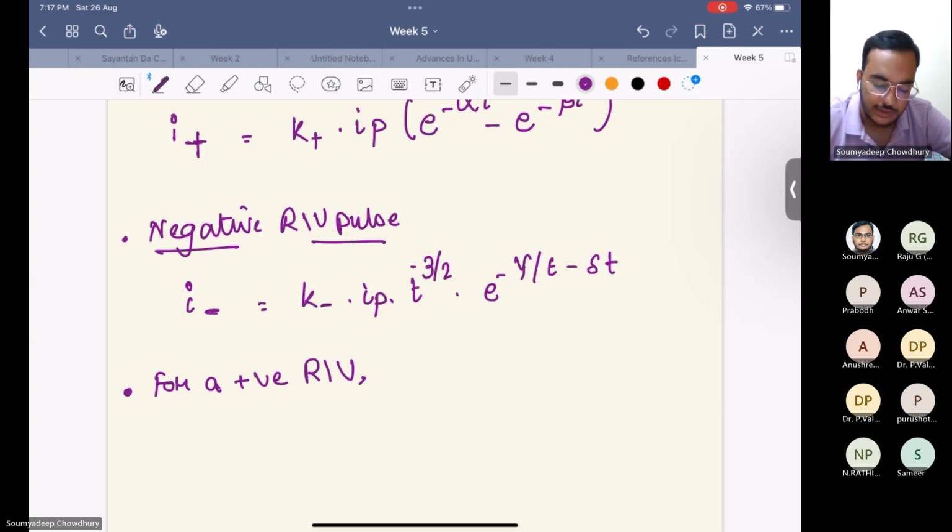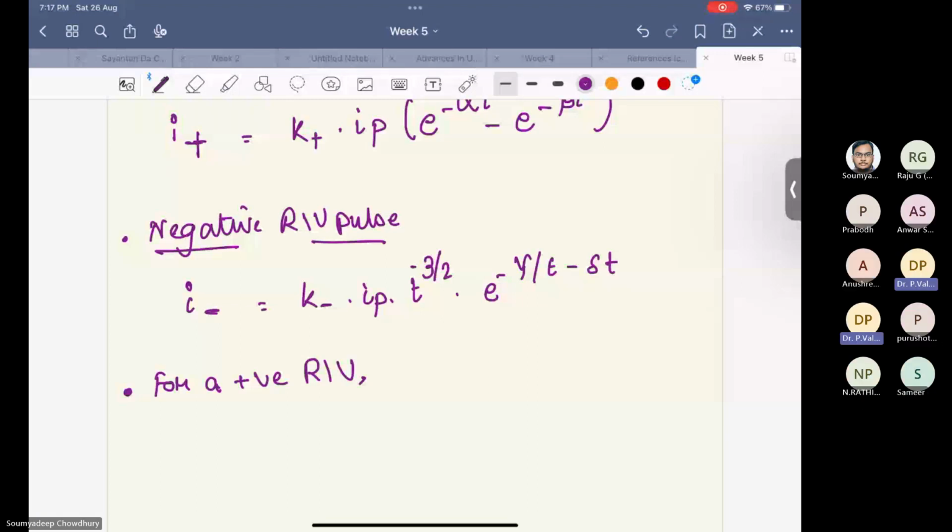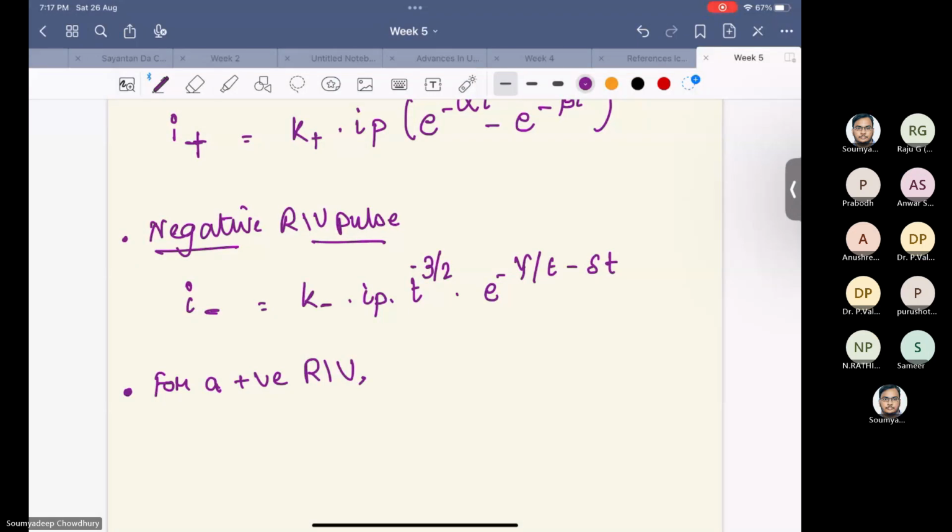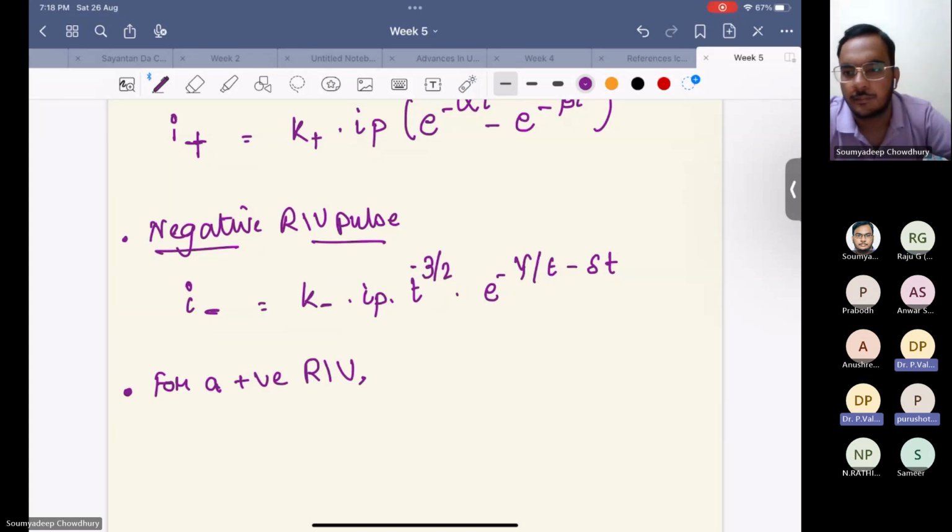Multiplied by t to the power minus... Someone can respond. Yeah, not audible. The moment you started reading, no. Am I audible? Now, yes. Yeah, now you are audible. Can you repeat? Yes. Repeat the equation, please.